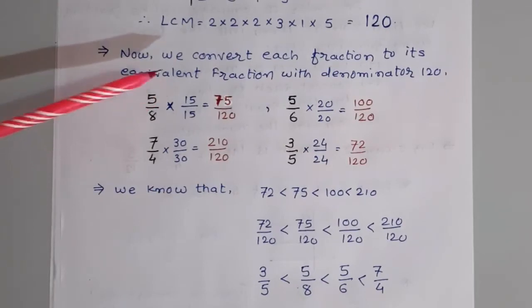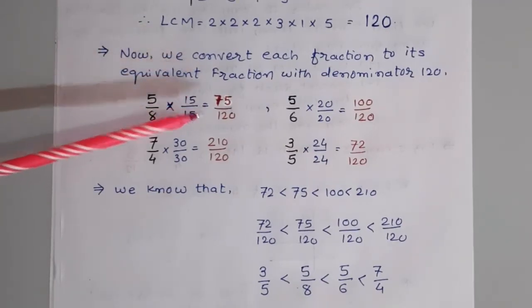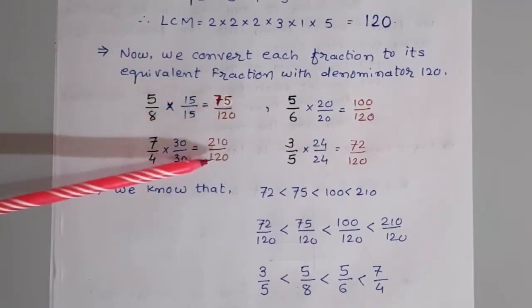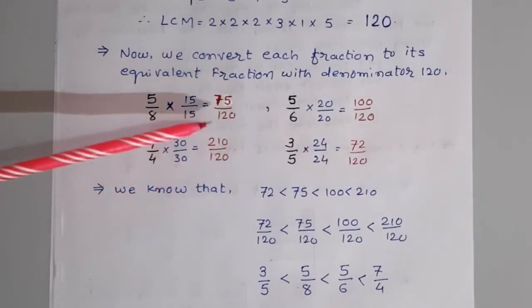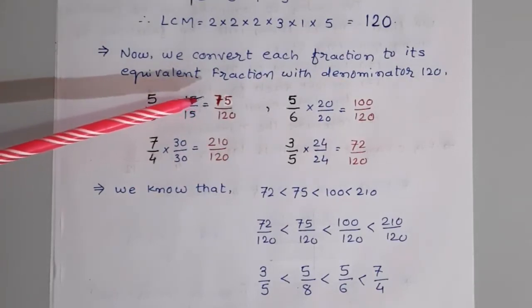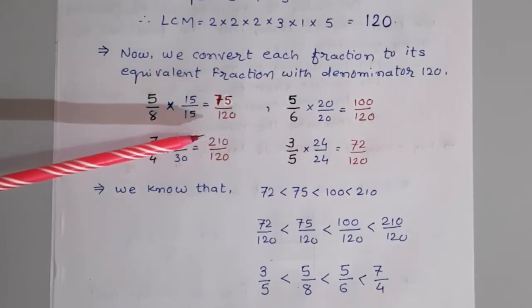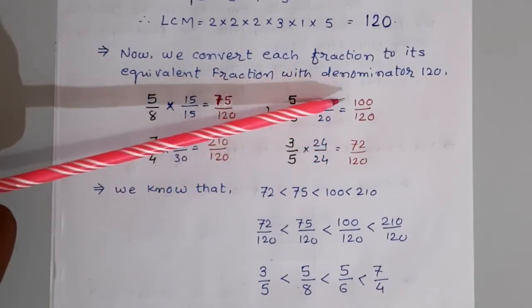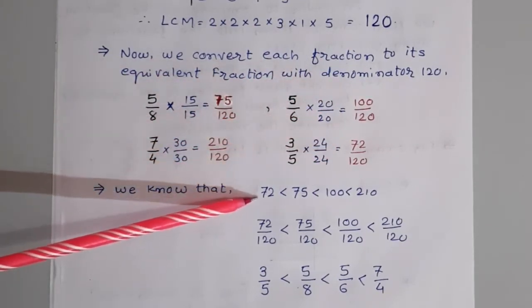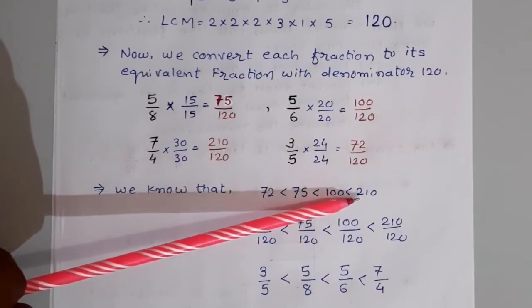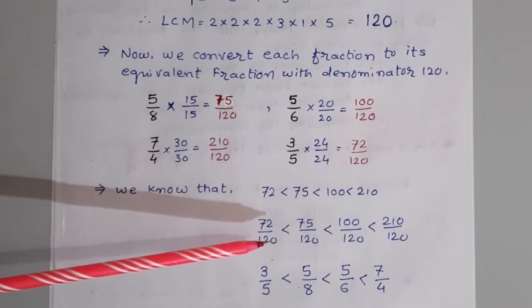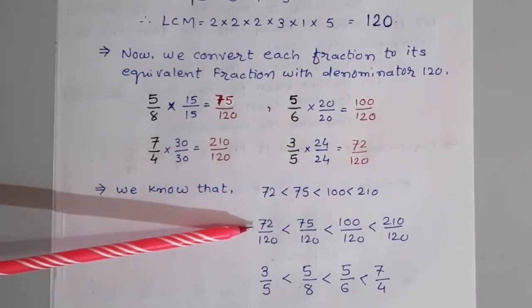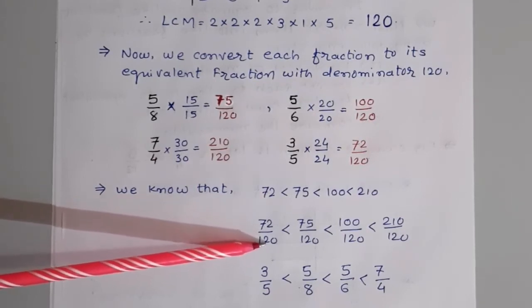Now compare. Now you can see that the denominators are the same in all these fractions, so we compare the numerators 75, 210, 72 and 100, in which 72 is lowest and 210 is highest, so we can write the ascending order of the fractions in this way.